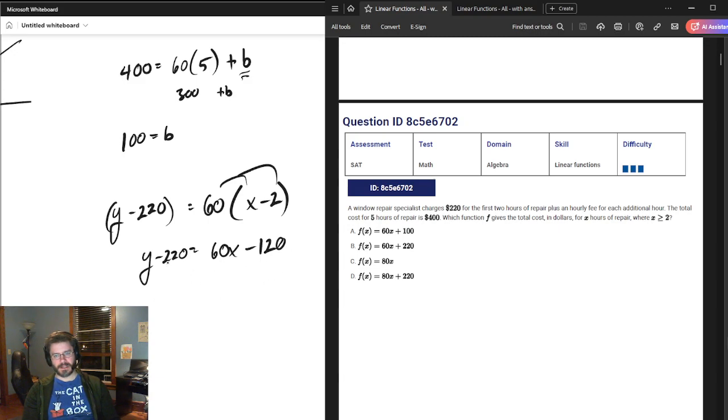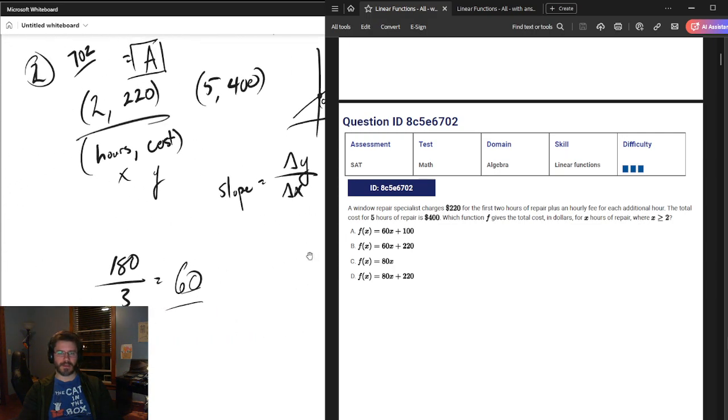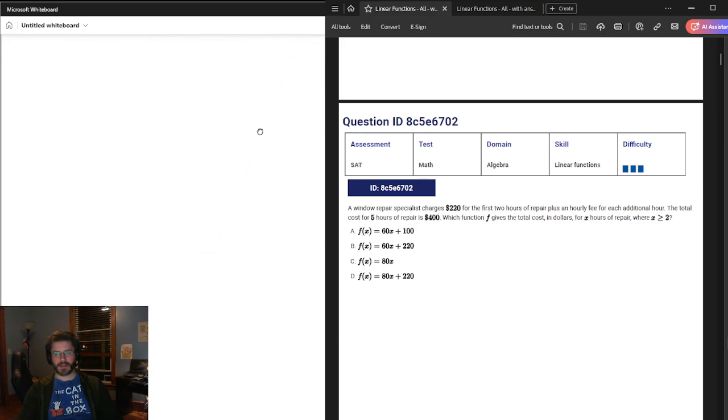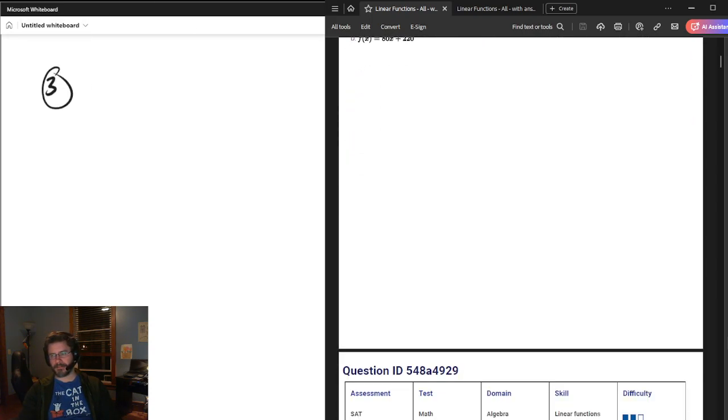Combining like terms here, adding the 220 over, we get y equals 60x plus 100 again. So either way you slice it, we know that that's true. And again, you could push this into Desmos if you like, but I want to show you guys that these things can be done algebraically without too much trouble.